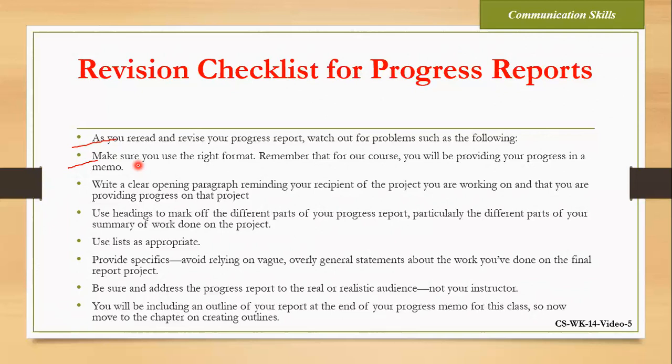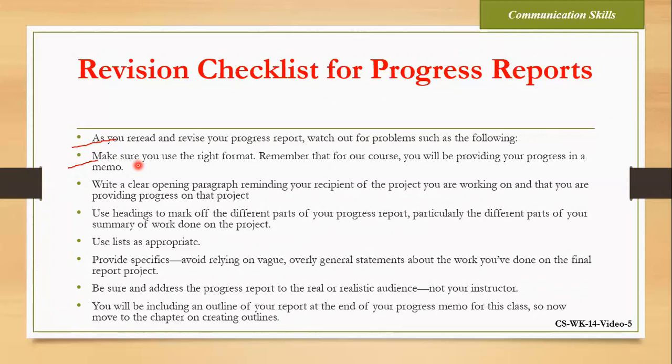Use lists as appropriate, wherever required, and include them in the progress report. Provide specifics, avoid relying on overly general statements about the work you have done in the final project. So be specific, to the point, clear and consistent.